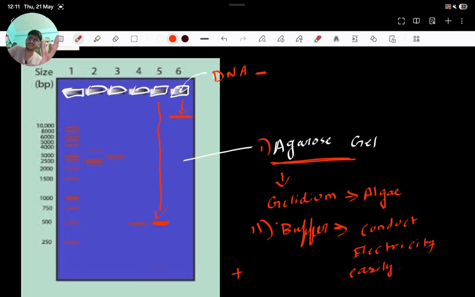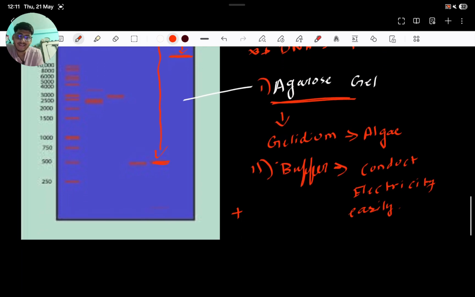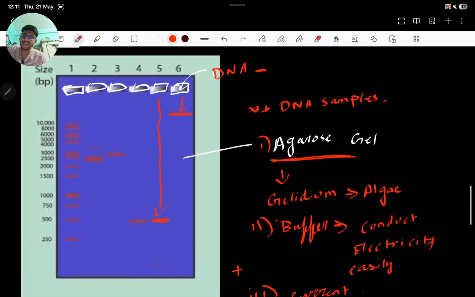Thirdly, the main important thing is that we will be needing DNA samples. Obviously, to run the gel electrophoresis, we will be needing the DNA samples. And then comes what? The current, electricity. Yes. Without current, is it possible?